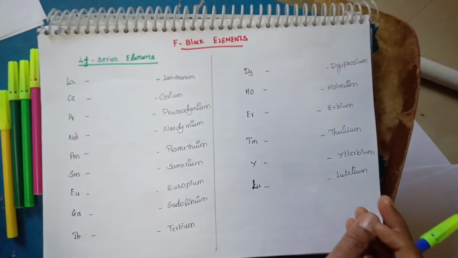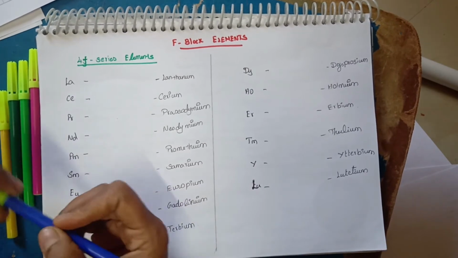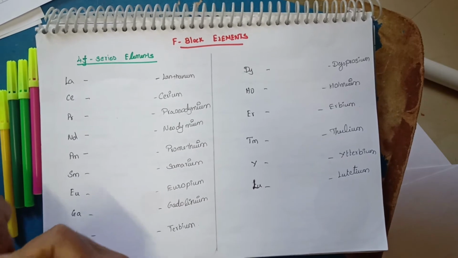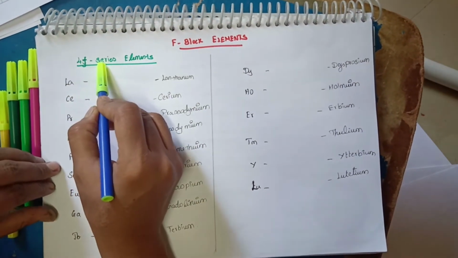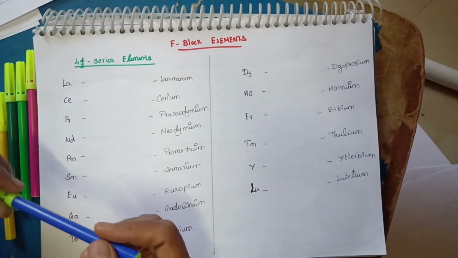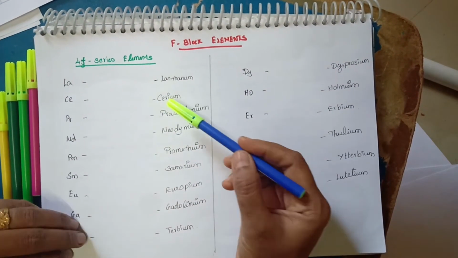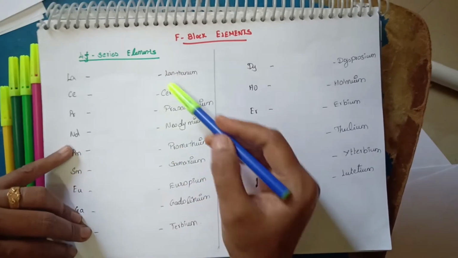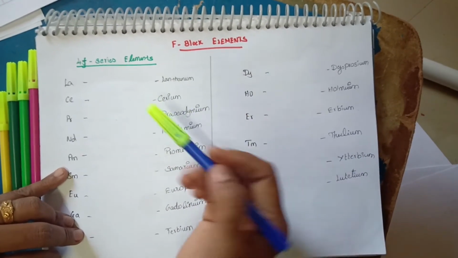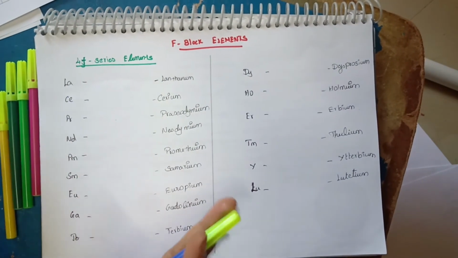Now let's learn what the simple trick is and what the story is. We are going to frame it for the 4f series, which is there in the 5d transition series elements. First, let's see the elements in the 4f series, and then we'll make the story for this.